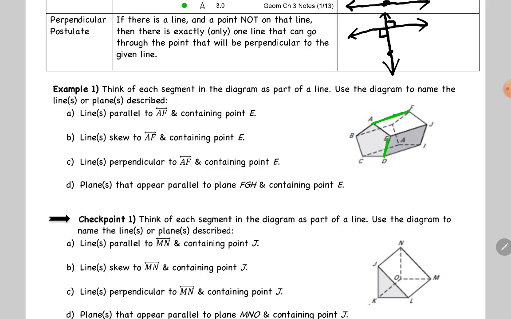So it actually would be this, but think of it as going above the object. So this is dashed right here. So they don't truly intersect, but they go on forever and ever. This is going below the object. This is going above the object. So that would be a line skew to AF containing point E.